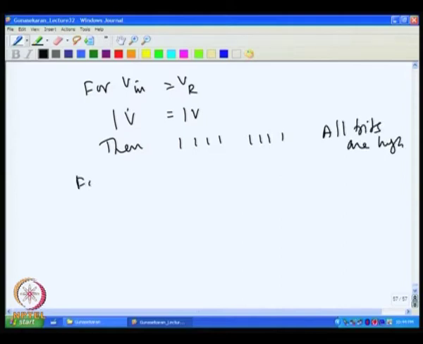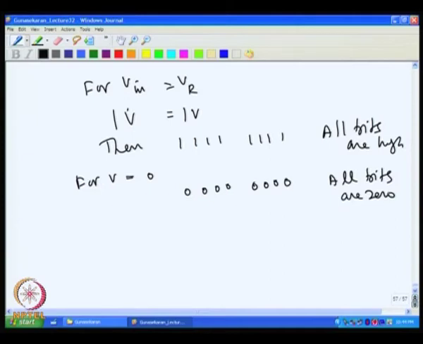For V in equal to 0, you will get all 8 bits as 0.